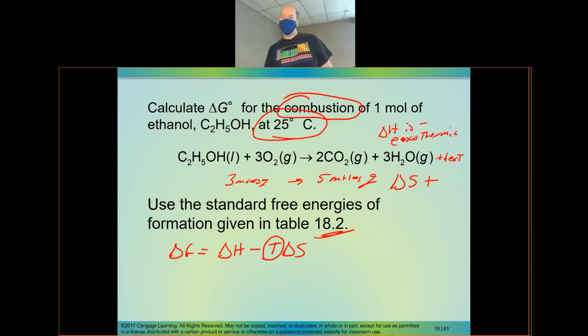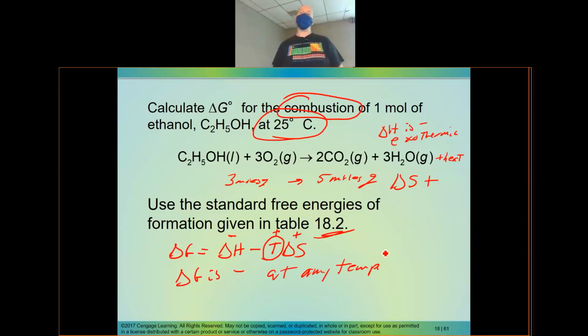All right. So we've calculated our delta H is negative, and our delta S is positive. So if you do the math, temperature always is positive. So this is negative, and then we have to subtract another number, so it's going to be even more negative. And so we know that delta G is negative at any temperature.